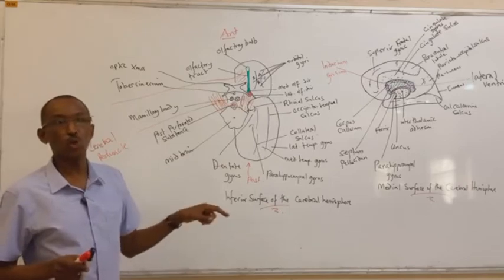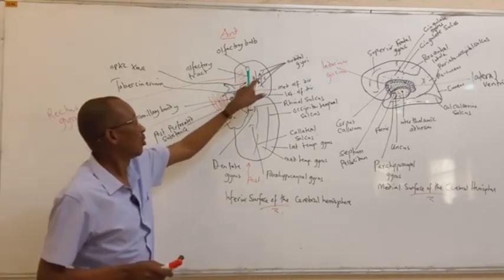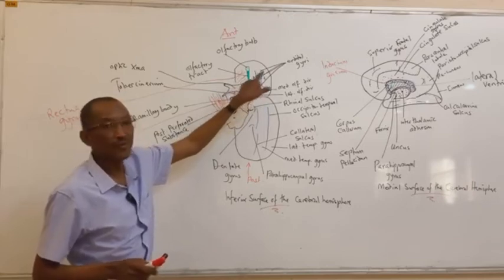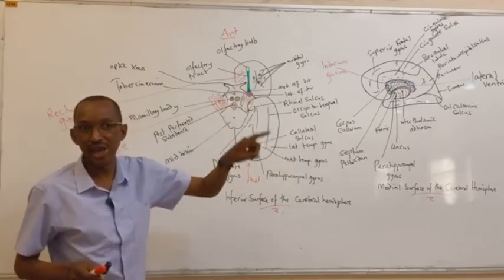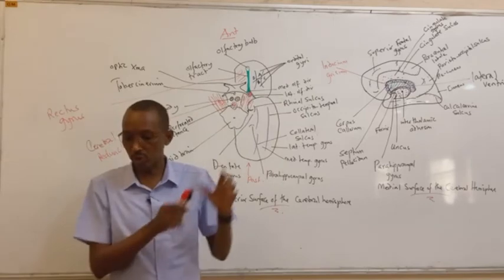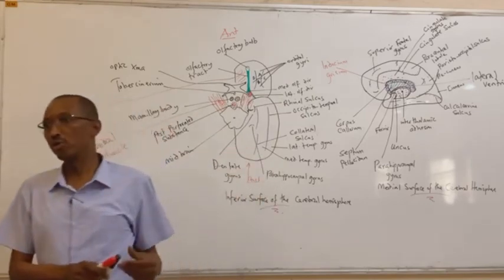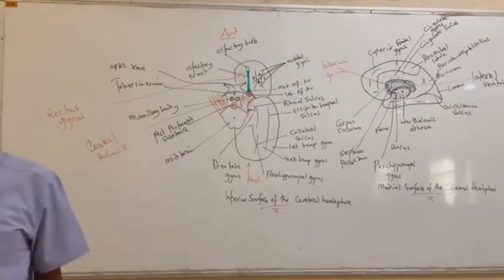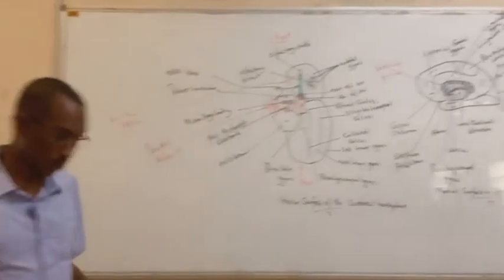You can as well call them anterior, posterior, lateral, and medial inferior frontal gyri at the orbital surfaces. But you have to qualify that at its orbital surface, because on the superior lateral surface, we also have the inferior frontal gyrus.